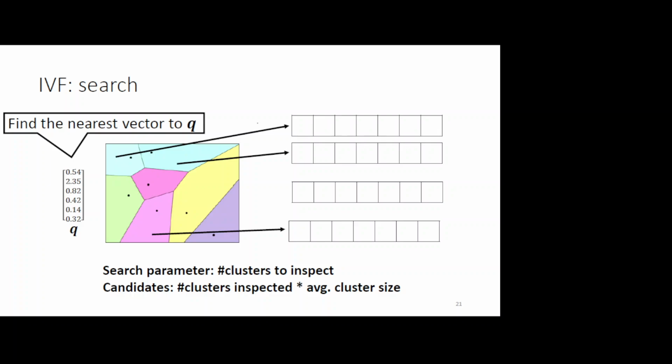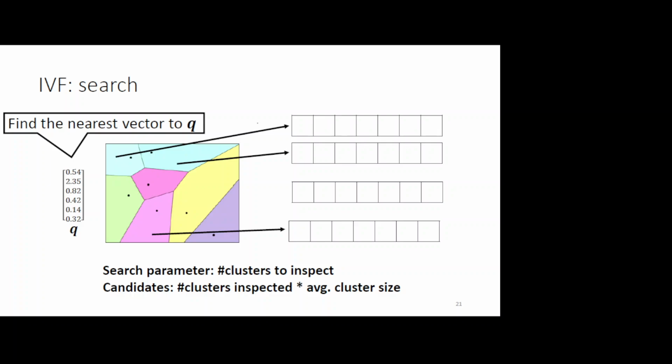Okay, in the search phase, after you build up your index structure, I will give you a query Q and I want to find the nearest vector. Again, you just search which centroid is nearest to the query Q. You compute the distance to all the centroids and find the minimal one.